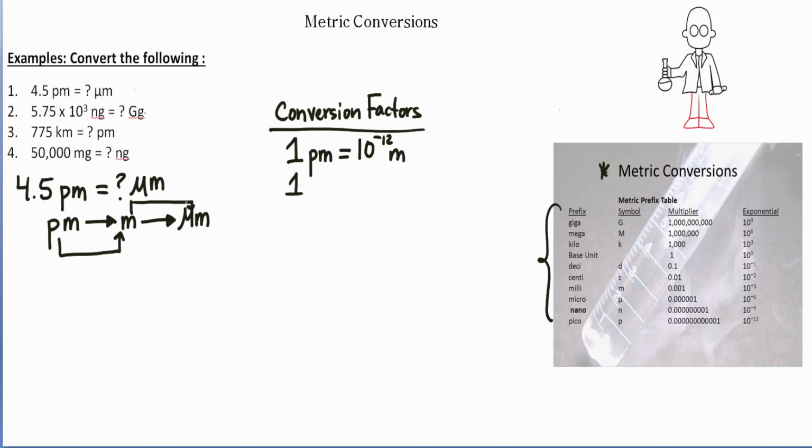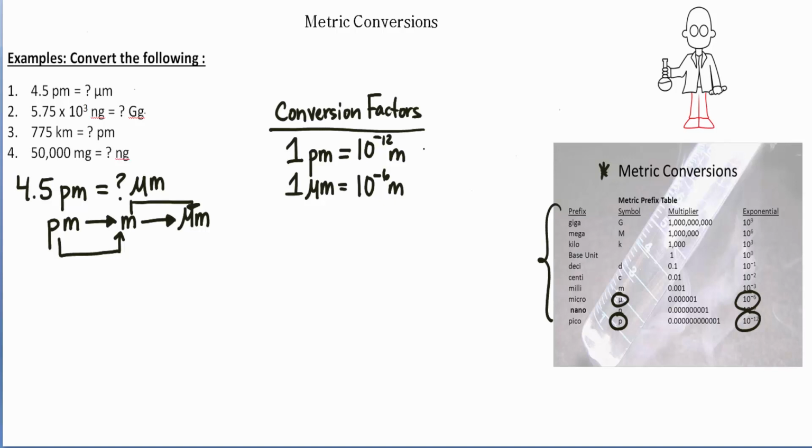The second conversion, we want the relationship between meters and micrometers. So in 1 micrometer, we have 10 to the minus 6 meters. So you can see that over here. That's how we establish those two conversion factors, by knowing our metric prefixes.